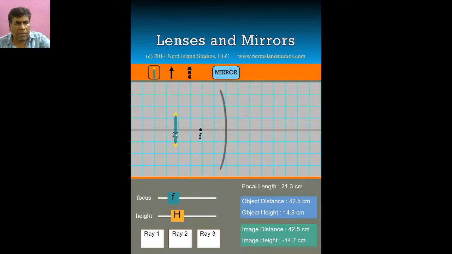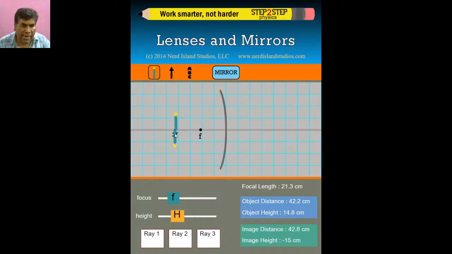Object size and image size will be the same. But still, the image is inverted. If I move still closer, the image will become bigger.